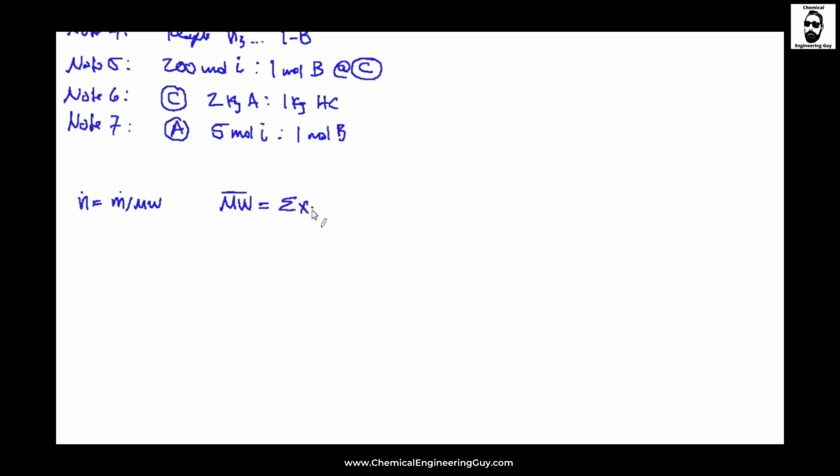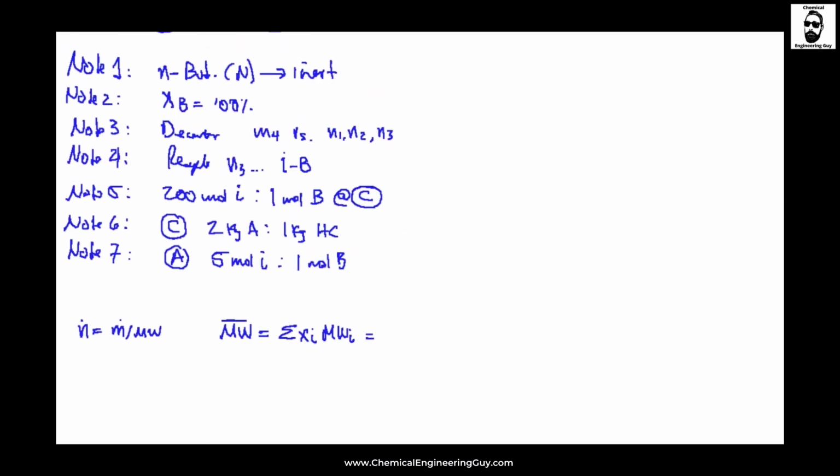It is the sum of all the compositions times their molecular weights. And you will see, guys, let me actually write it, that the molecular weights are very similar. Octane, isobutane, butylene, and n-butane: this one is 58, this one is 56, this one is 58, and this one is 114.